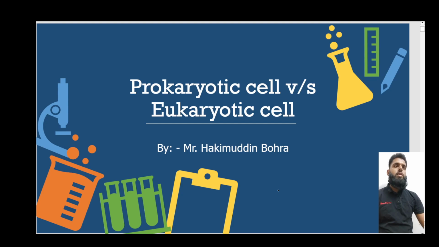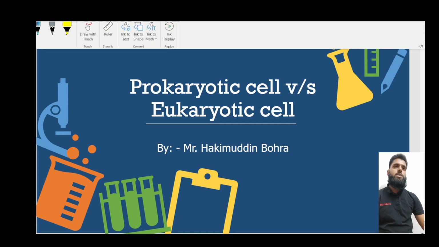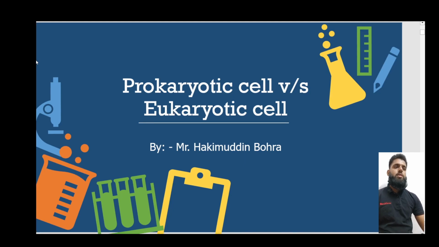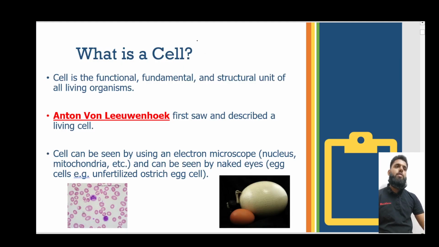Okay, so let's begin. Our today's topic is what is a cell, or different types of cells. If we talk about what is a cell, firstly, a cell is a structural and fundamental unit of life. A cell is the functional, fundamental, and structural unit of all living organisms.